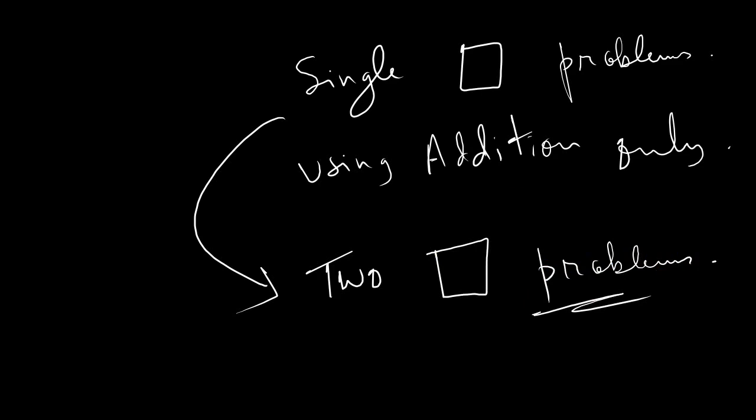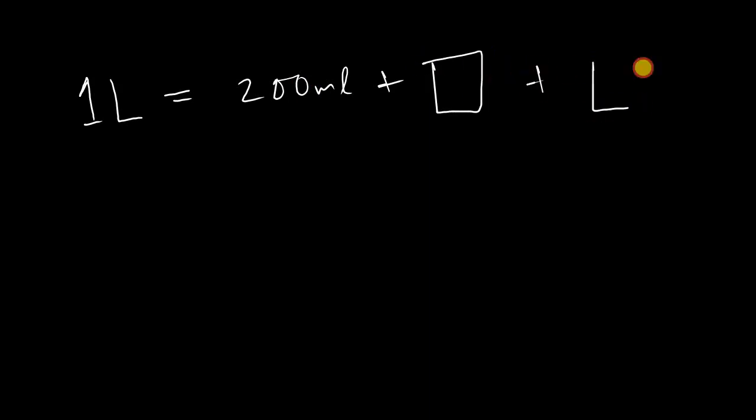Well, let's see. Suppose I ask you this thing. You see, 1 liter is equal to 200 milliliter plus the addition of two boxes, right? Now before I talk about how to solve this problem, it is important to note that there are two very important concepts here.